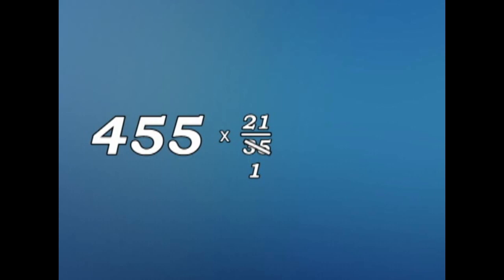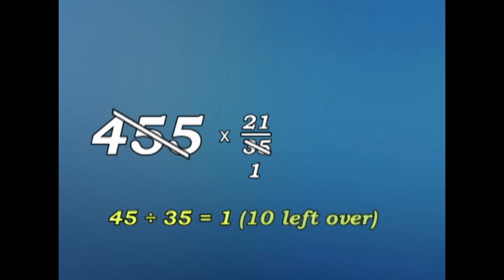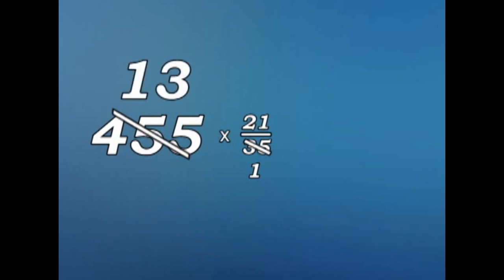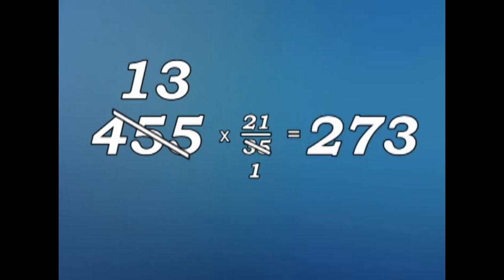Well, I'll do it in my head like this. 35 into 45, that's 1. 10 left over. 35 into 105, that's 3, because 3 times 35 is 105. So we write 13. Now 13 times 21 is 273.